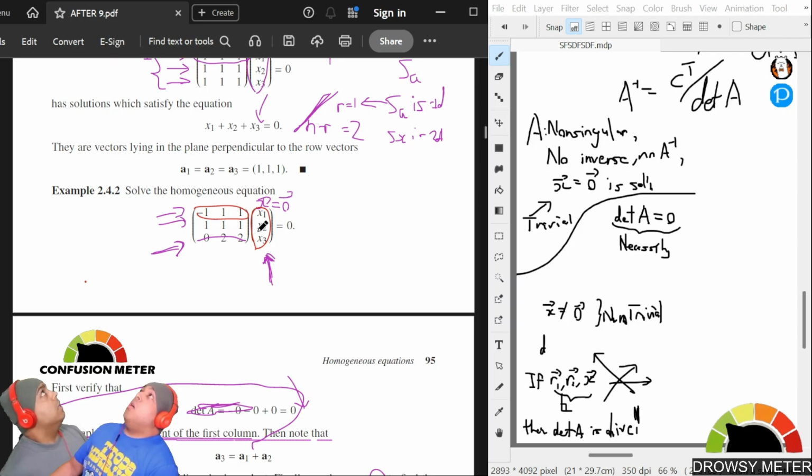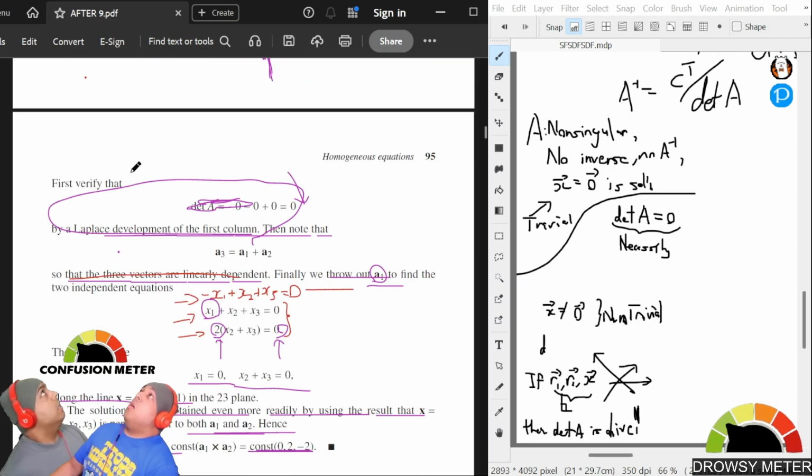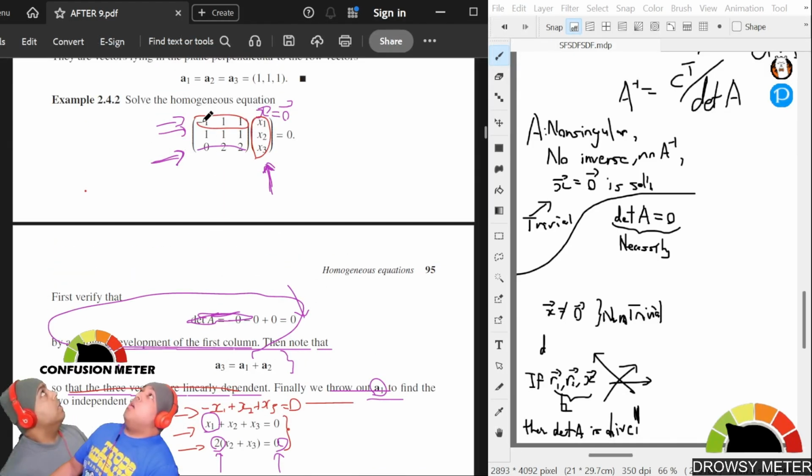Homogeneous equation, this. We get these three equations. We saw that determinant A equals 0, so we know there is at least one solution in there. We note that. But what if it was so complicated that we couldn't figure it out? Like this relationship here.